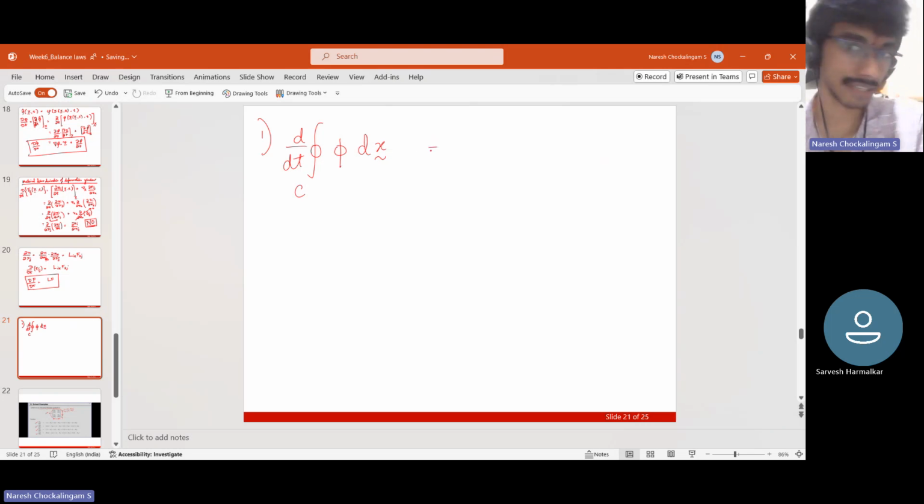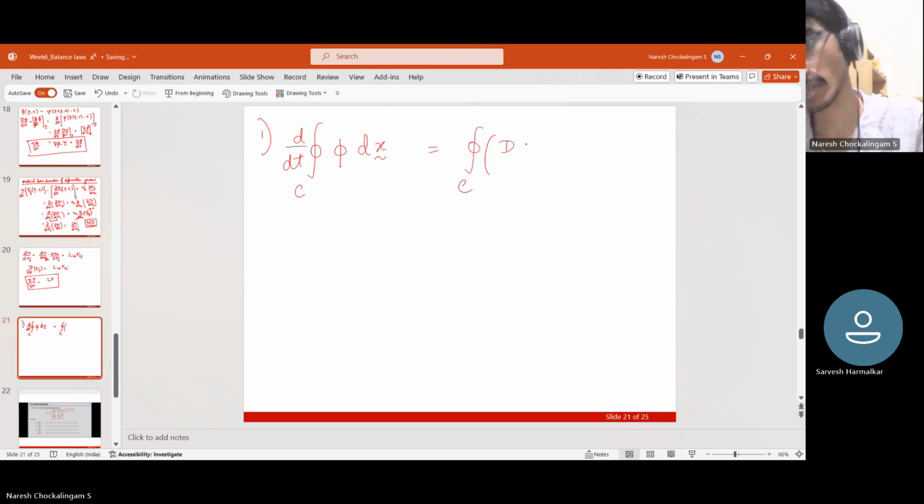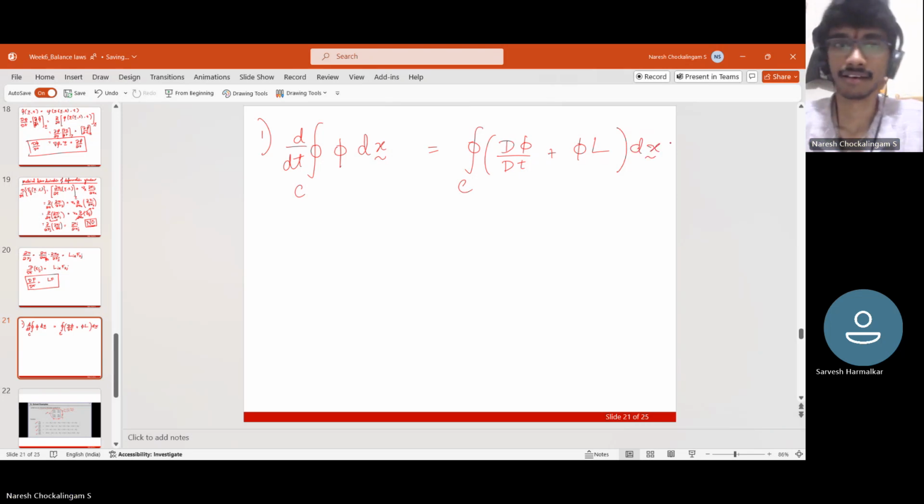Integral over C of phi dx is equal to integral over C of d phi by dt plus phi L dx. So follow carefully. This is an important result.